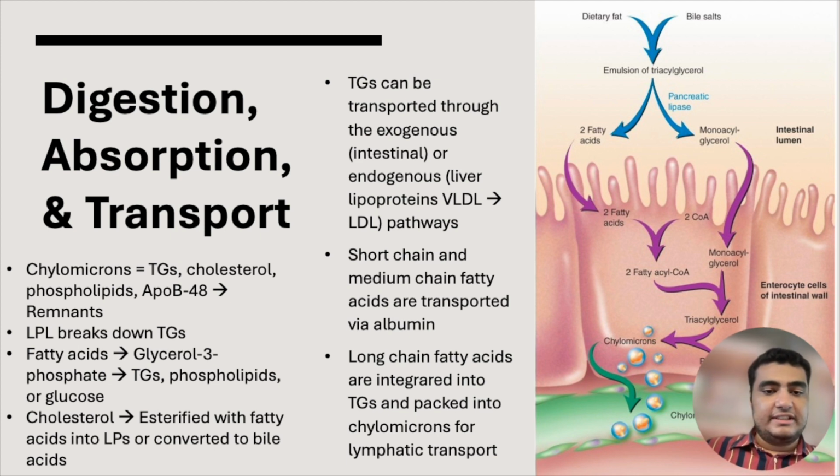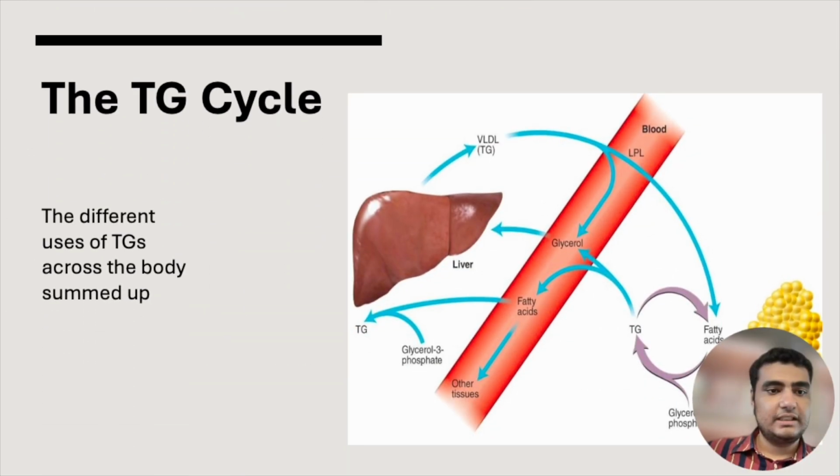We also have, as we said, short chain and medium chain fatty acids, which are transported via albumin, while larger ones are packed. The triglycerides undergo a variety of changes depending on the body state, so if we are well fed or if we are hungry. And these include transportation from adipose tissue to the liver, my bad, to the blood, and so on. And we will be discussing this.